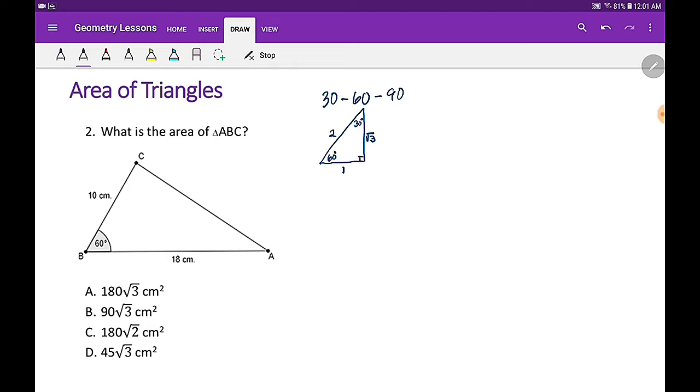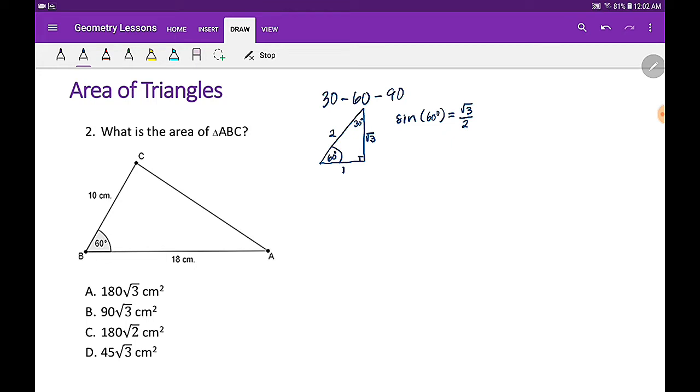Now, keeping that in mind, it is easy to find the sine ratio. So you can say that sine 60 is opposite over the hypotenuse, so you have 60 degrees here. Opposite is the square root of 3 over the hypotenuse is 2.